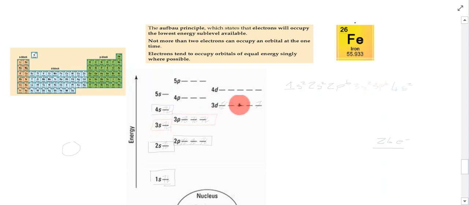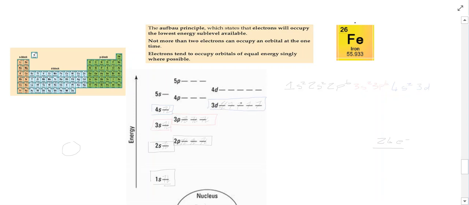And then this final group of electrons is contained within the 3d sub energy level. So it's going to be 3d, because that's this here. And then you write down the number of electrons that are there.